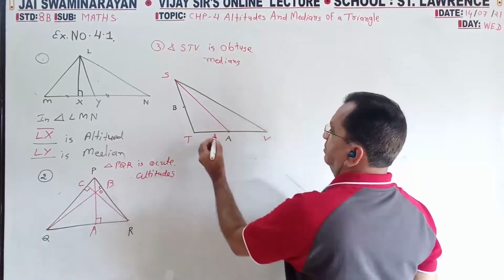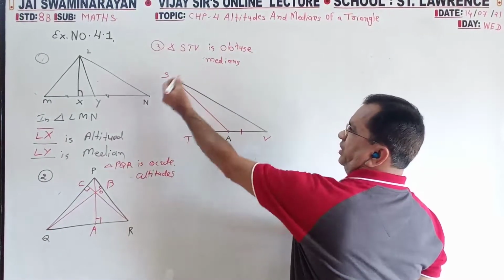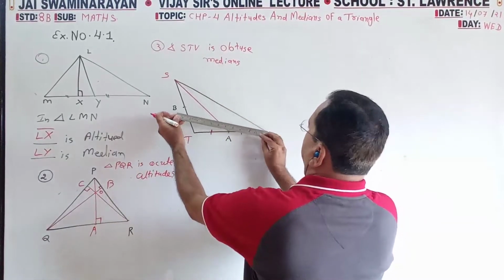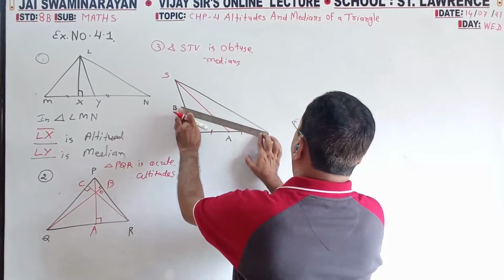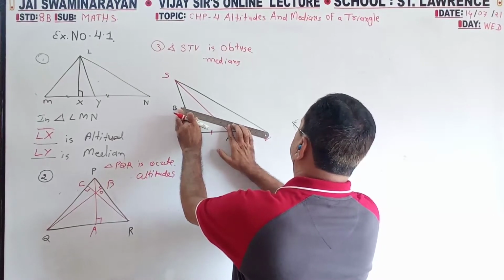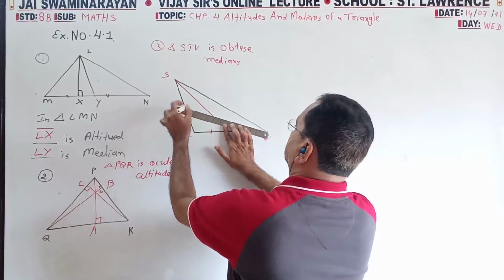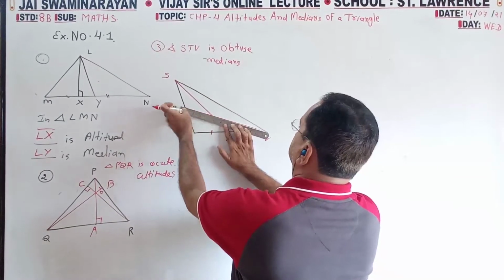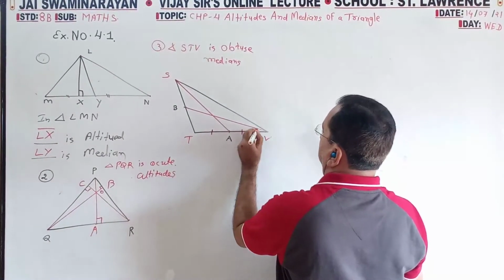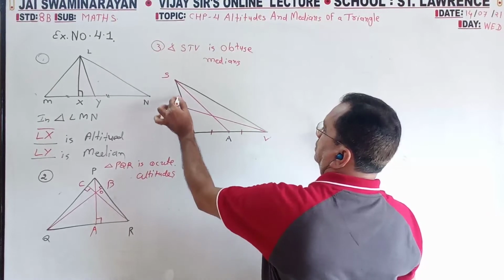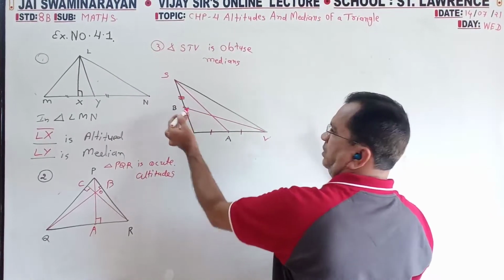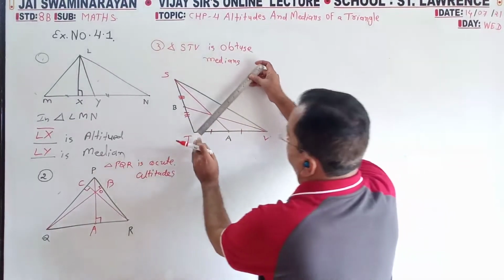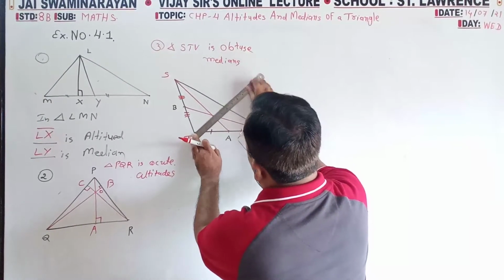First median. Median means vertex and midpoint joining segment. Okay. Second, we will draw like this. Midpoint and opposite. Why I have not taken third? Because direct this and intersection I will take.